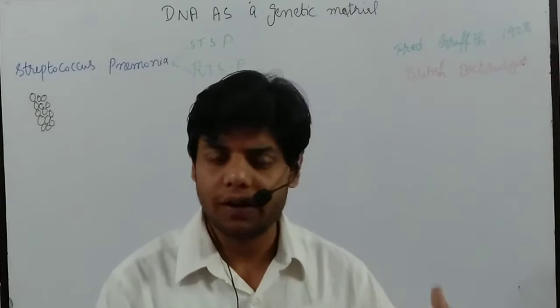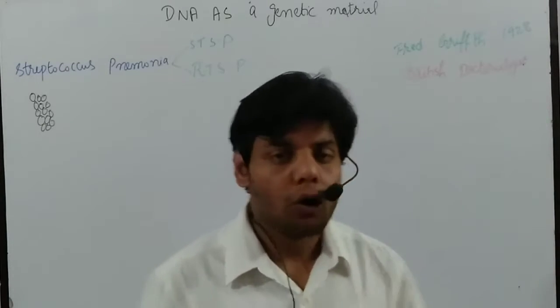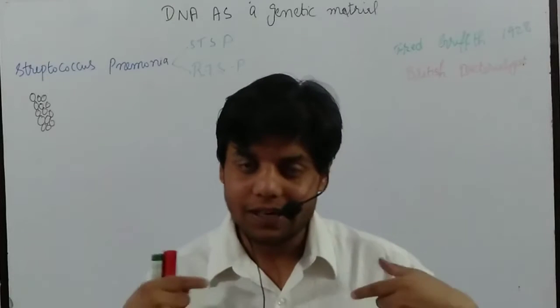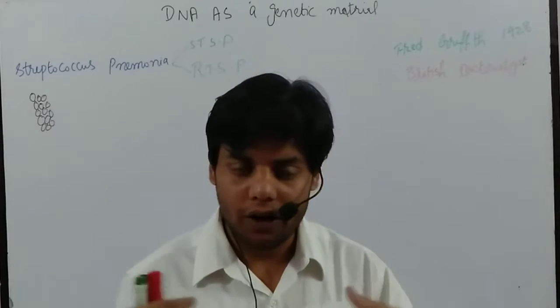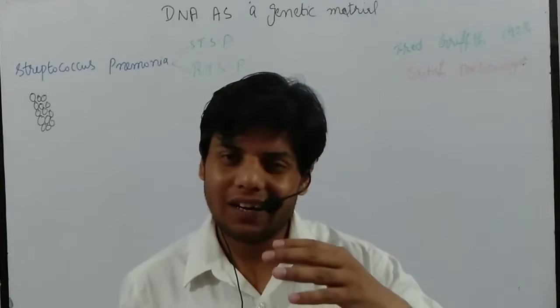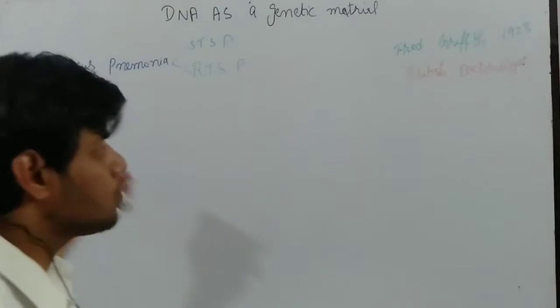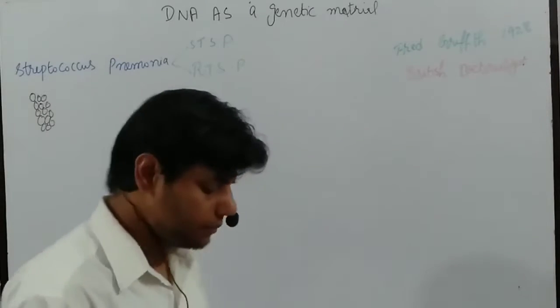Pneumonia is a lung disease in which the patient has difficulty breathing, because bacteria are present in the lungs, especially in the alveoli. It is usually caused by Streptococcus pneumoniae.